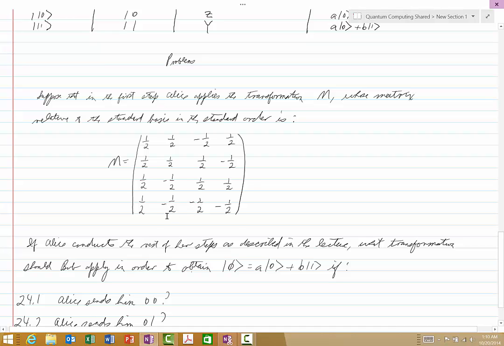And finally, M acting on |11> is 1/2 |00> minus 1/2 |01> plus 1/2 |10> minus 1/2 |11>. So that is what Alice will do. She will apply this transformation to those first 2 qubits of the starting state.